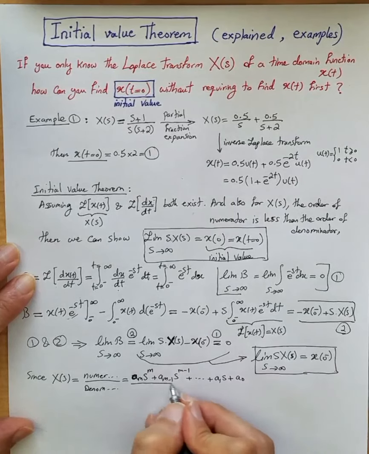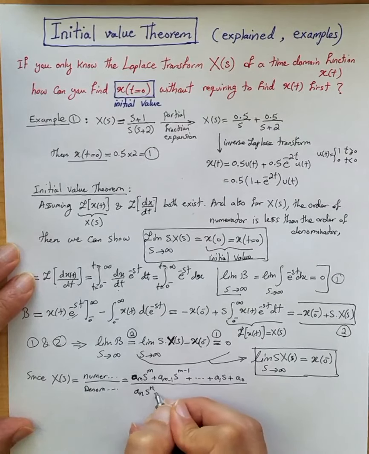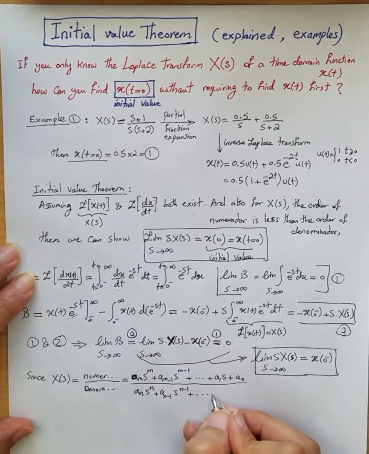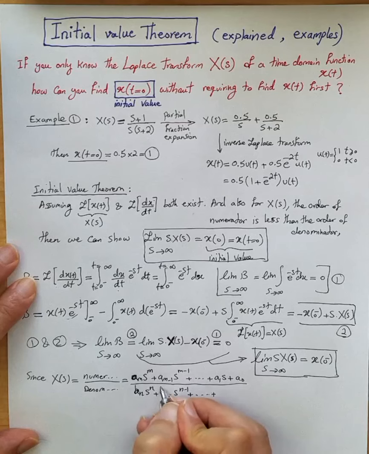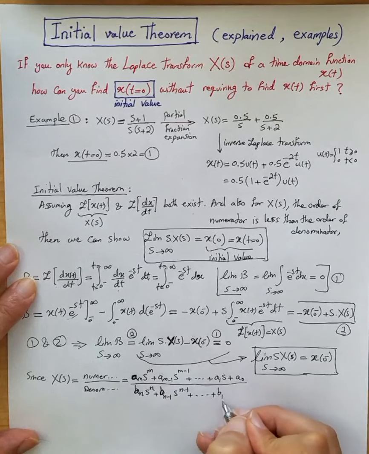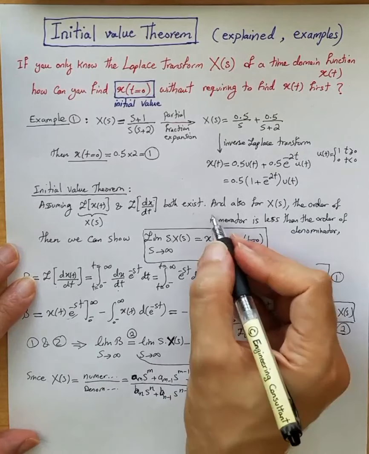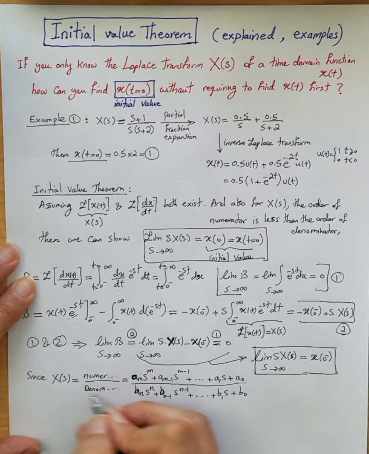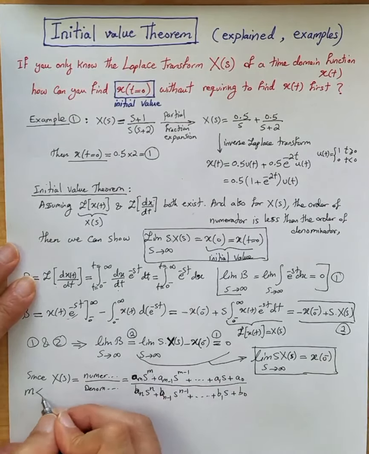And the denominator is a sub n s to the n plus a sub n minus 1 s to the n minus 1 plus, and so on, let's name them b to avoid any confusion, b1 s plus b0. So according to the initial requirement that is written here, m, the order of the numerator, should be less than n.